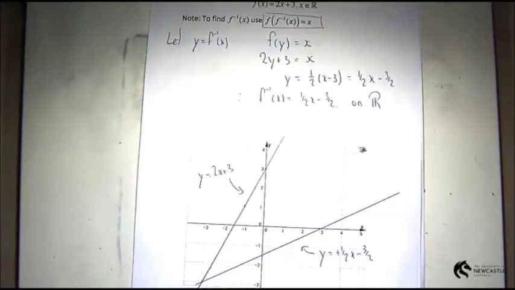So y is equal to log base 2 of x. And that is my inverse function. So therefore, f inverse x is log x to the base 2. So the inverse of 2 to the x is log to the base 2. If I had 3 to the x, the inverse would be log to the base 3, and so forth.